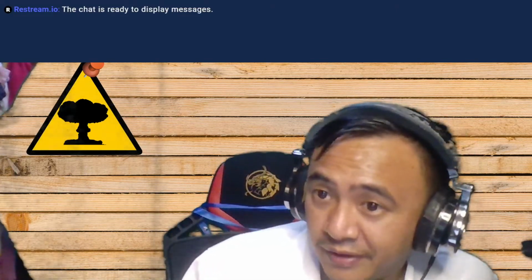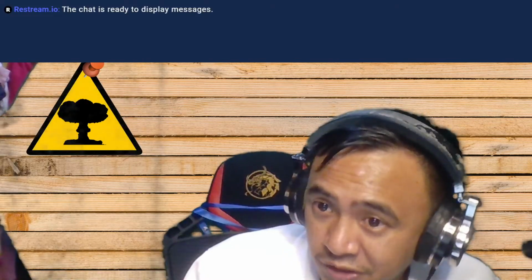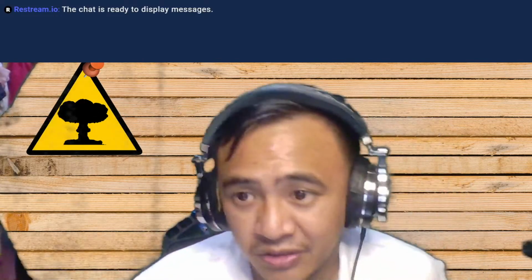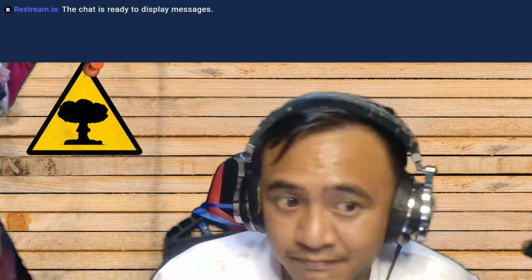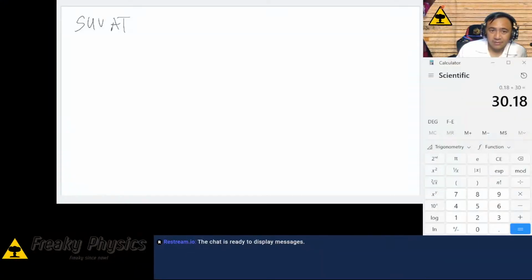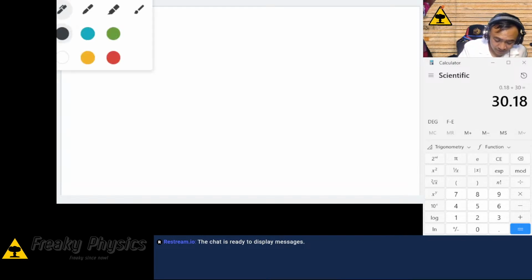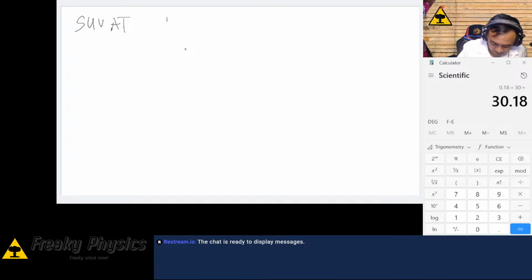But before we go there, you already know the equations from the data booklet, right? If you don't memorize the formulas, it's fine because they're given in the data booklet. But I'm just going to write them here for our reference anyway. So again, the first equation is v equals u plus at. The second equation is s equals ut plus 1/2 at squared.